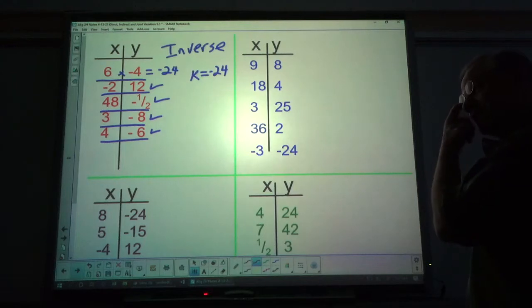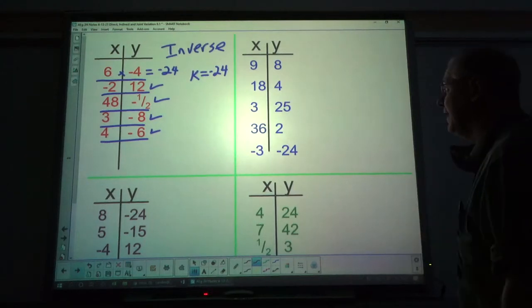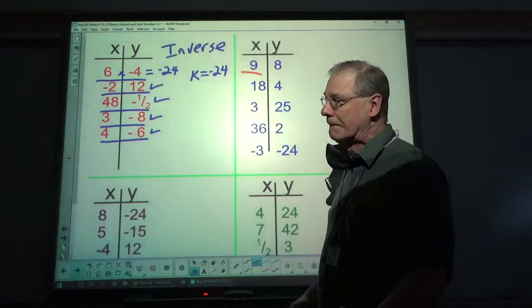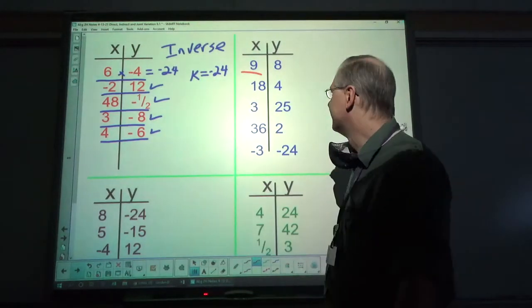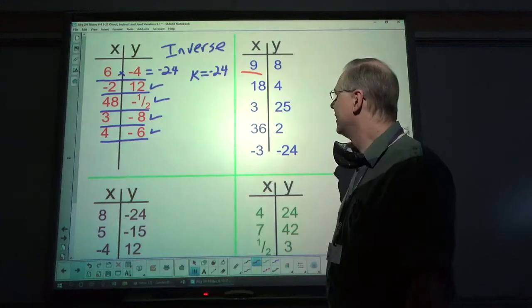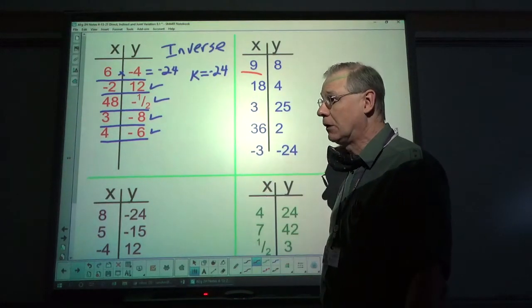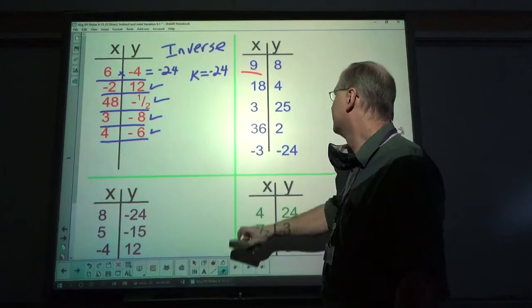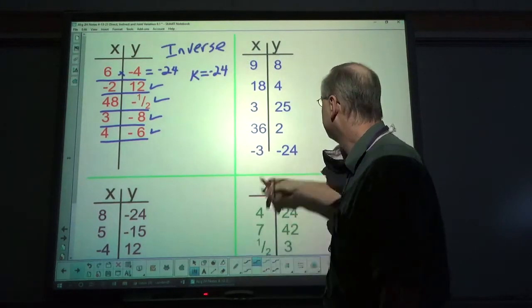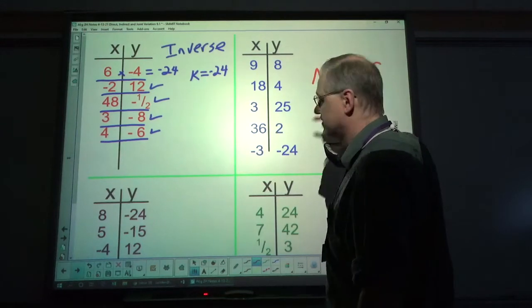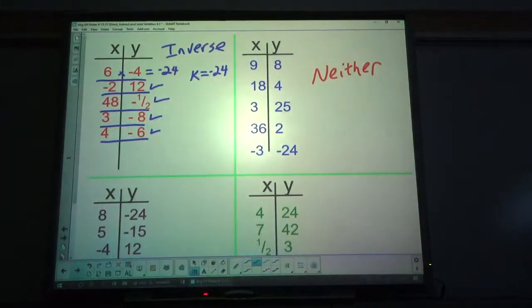What value of k would you have to multiply times 9 to get 8? 8/9, right? And does 8/9 times 18 give you 4? No. So that's out. This is neither direct nor inverse.